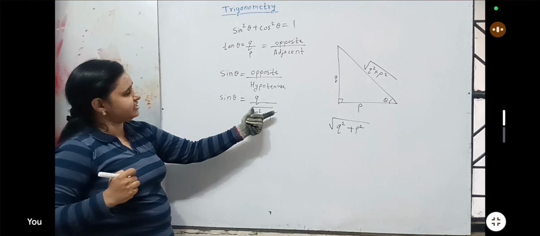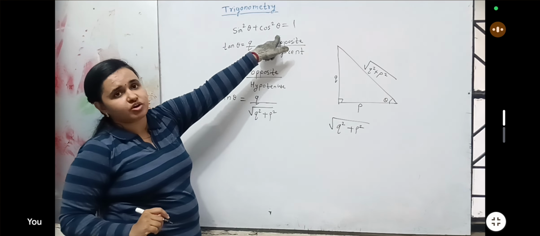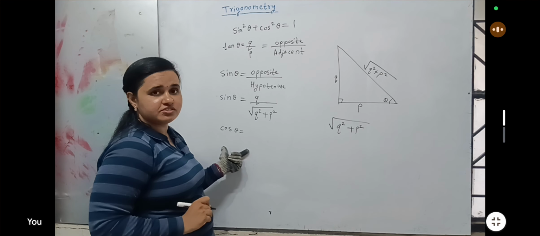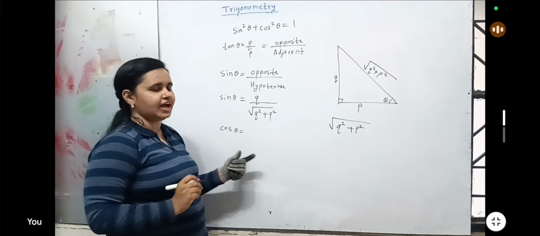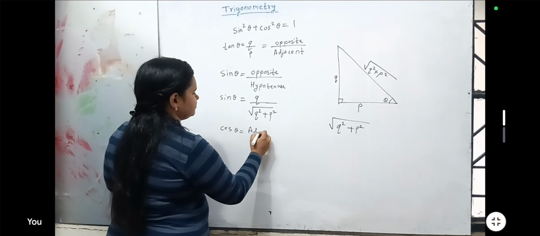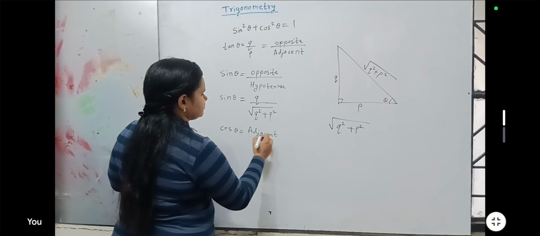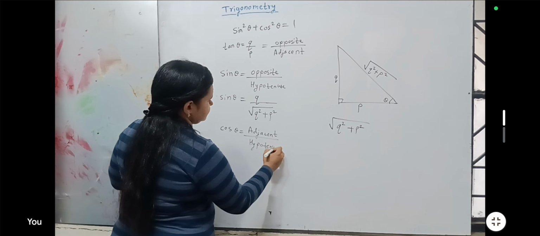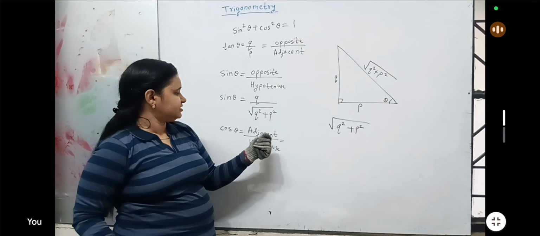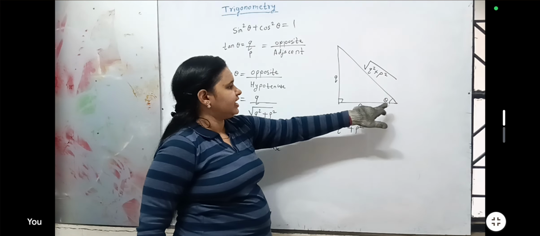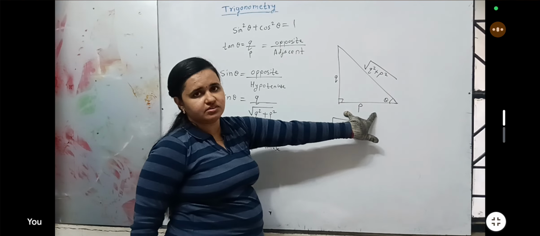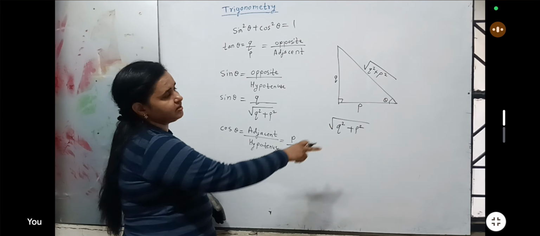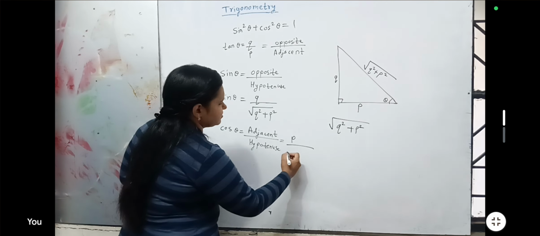So we have got sin theta. Now we will calculate cos theta. What is the formula for cos theta? It is adjacent upon hypotenuse. Now, what is the adjacent side to theta? Adjacent side to theta is this one, that is p. And hypotenuse is under root q square plus p square.